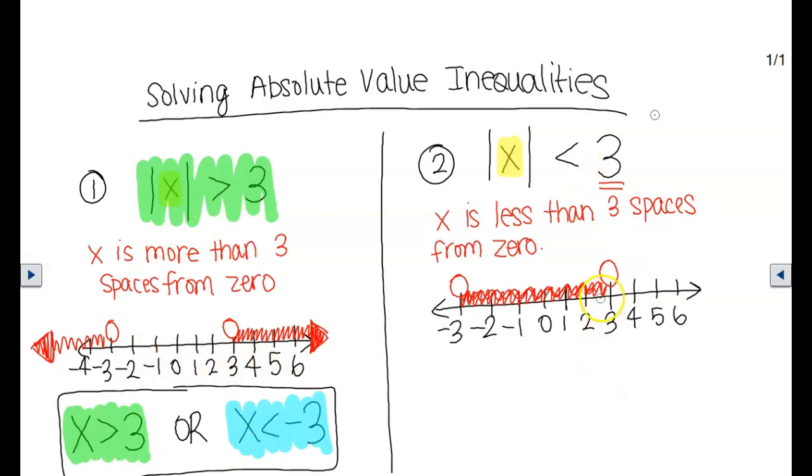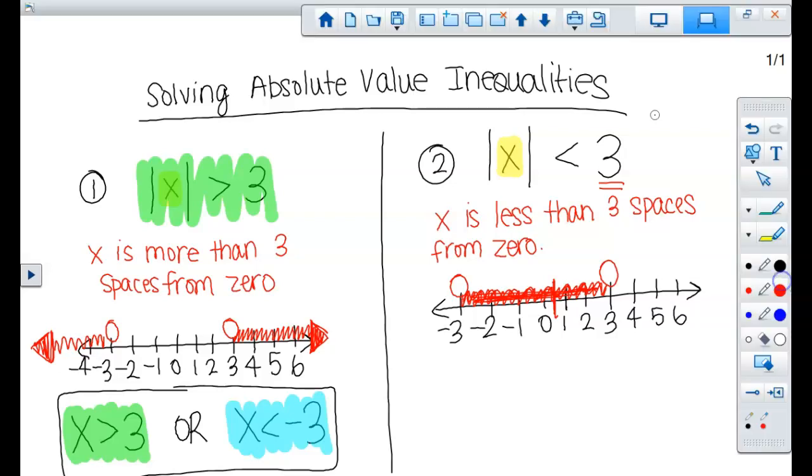Notice when it's less than 3, we're trying to stay closer to 0, so we stay trapped in here where 0 is. So -2 is less than 3 spaces from 0. 0.5 right there is less than 3 spaces from 0. All of the numbers in this shaded area of the number line fit this description of having an absolute value that is less than 3, of being less than 3 spaces away from 0.